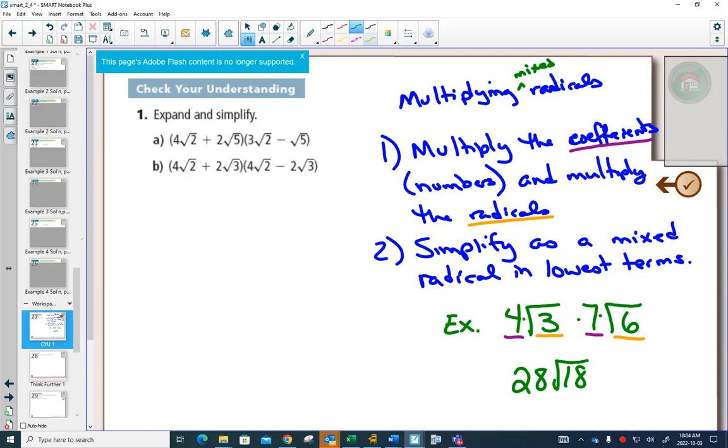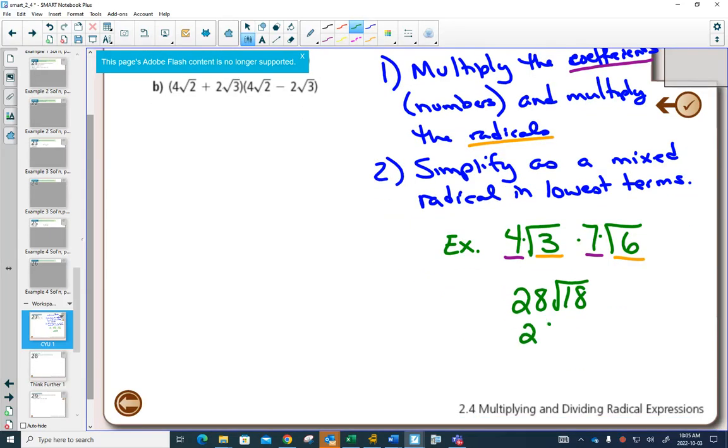So step 1, we're just going to multiply the numbers together, multiply the square roots together. But then we have to write our answer in lowest terms, which means we have to break down the root 18 if it's possible. Does root 18 divide by a perfect square? In other words, can I break up root 18 to be the square root of something times the square root of something where one of them is a perfect square?